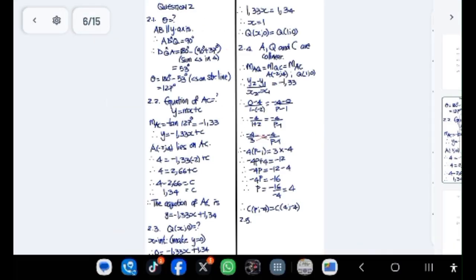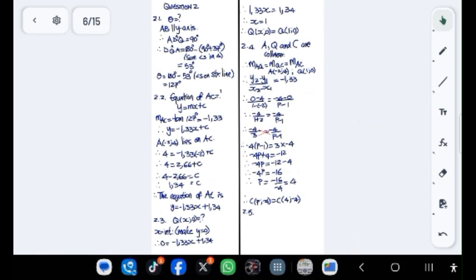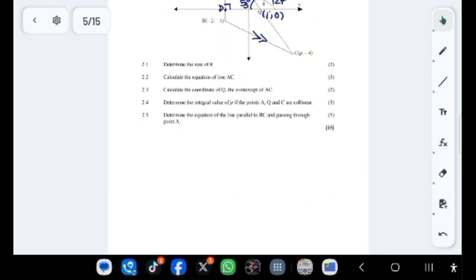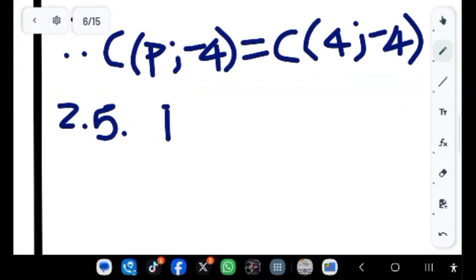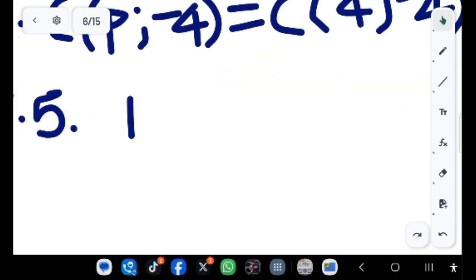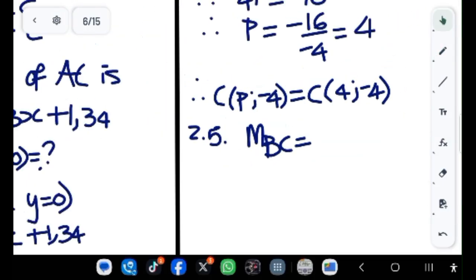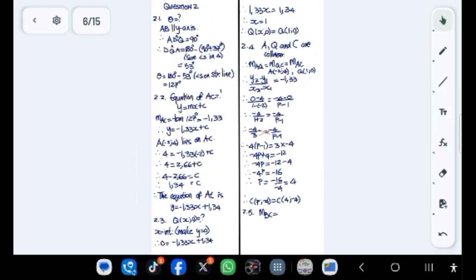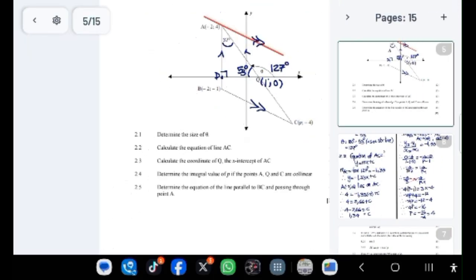First of all, we should know what the gradient of BC is. That should be easy to find. Let's use the coordinates of B and C. The gradient of BC is the same as the gradient of the line we're trying to find the equation of.